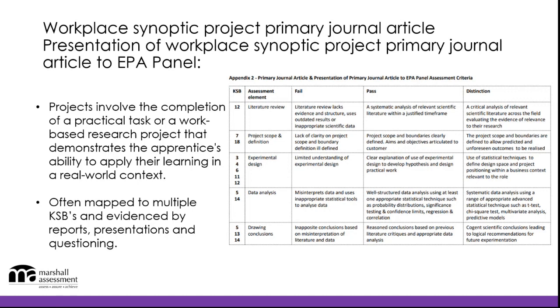And the pass criteria is that you've demonstrated a systematic analysis of relevant scientific literature within the justified time frame. And further to that, distinction evidence, once you've demonstrated the pass, you will build on that critical analysis of relevant scientific literature across the field, evaluating the evidence and the relevance of that to your research. So that's the kind of information that you would need to have within your report.